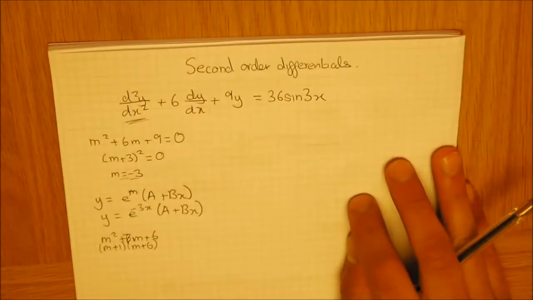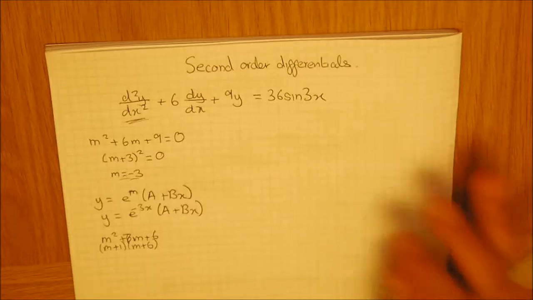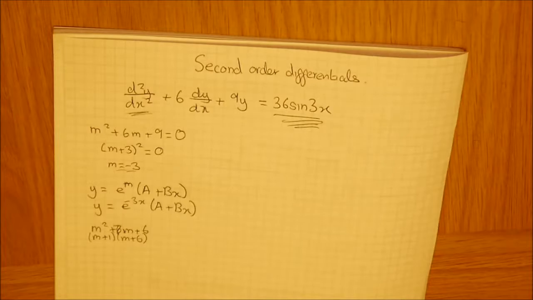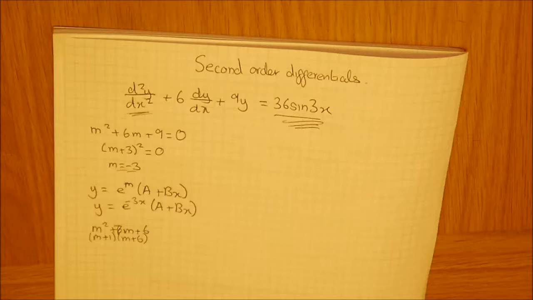Now we move on to the slightly more difficult bit. What is after the equals sign determines what you think your particular integral is going to be. For example, if it was 2x squared plus 3x plus 4, then the chances are your integral is going to be in the form ax squared plus bx plus c. If you had it in terms of e, then your integral is going to be something to do with e.